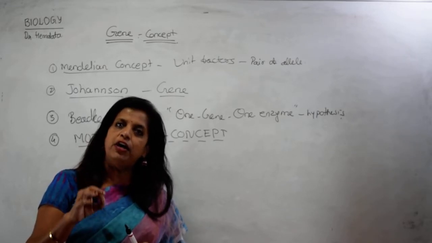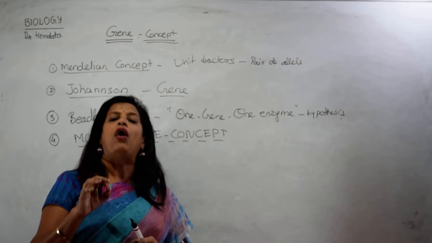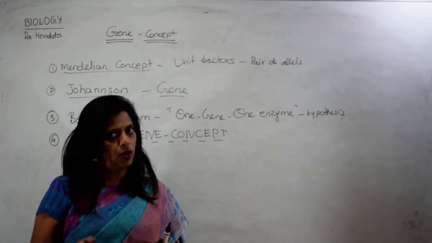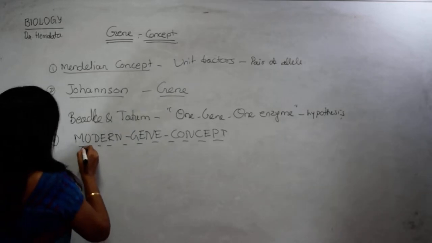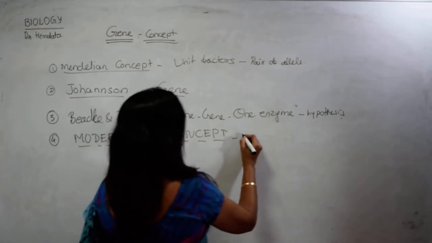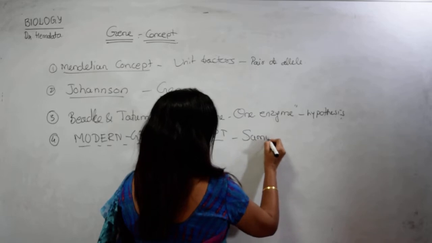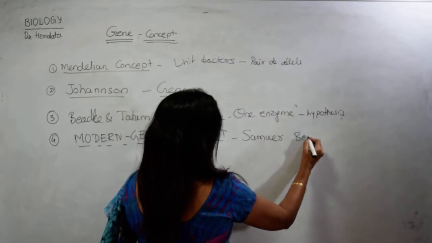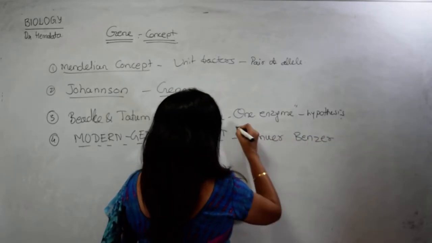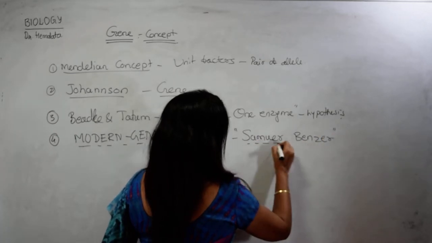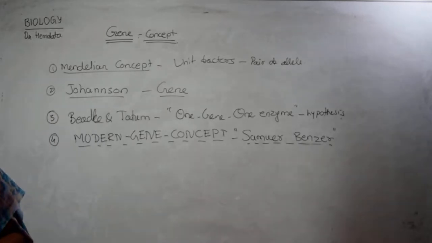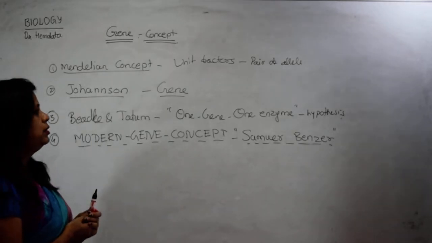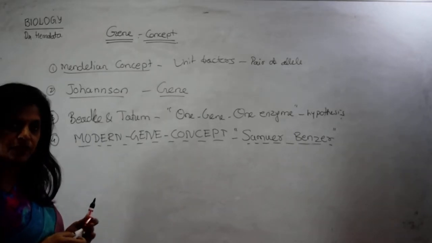Based on the function of gene or DNA, we can call it by different names. For example, this was given by scientist Seymour Benzer. The name of the scientist is very important because it is Benzer's gene concept. According to Benzer, gene has different names based on its function.